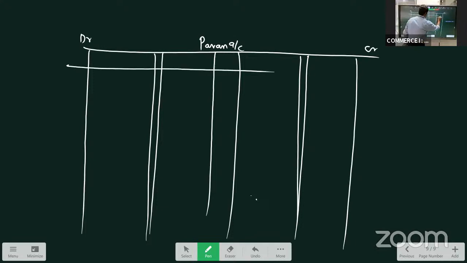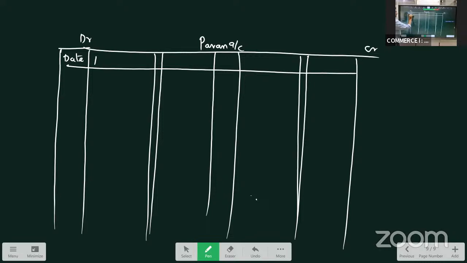Remember, format is very, very important. Unless you are familiar with the format, you will not be able to solve the problem. So what is this? Date. This is particulars. JF. I'll remind you, when we do journal, we write LF, that is ledger folio.